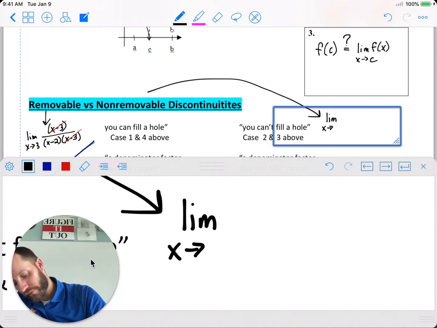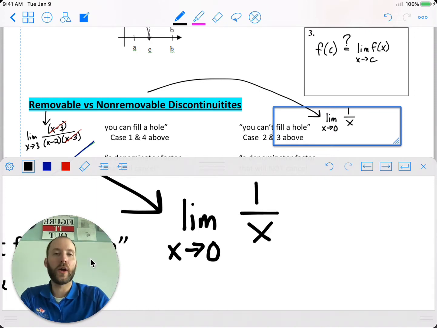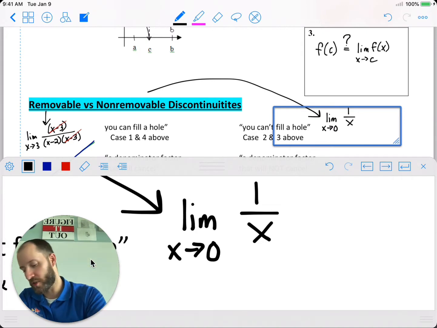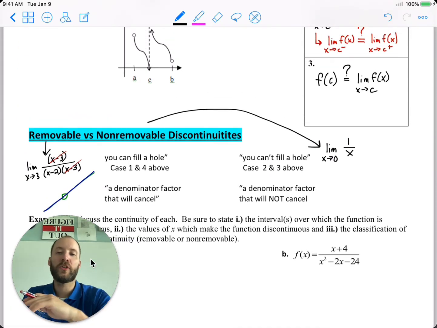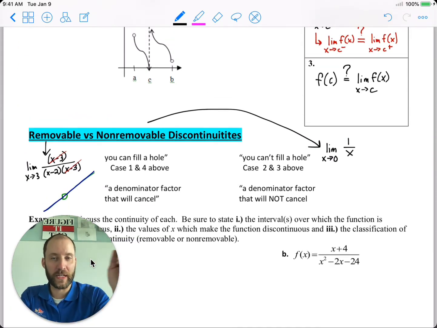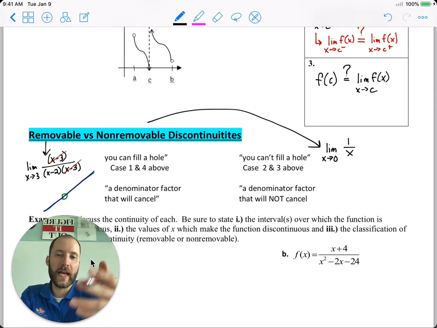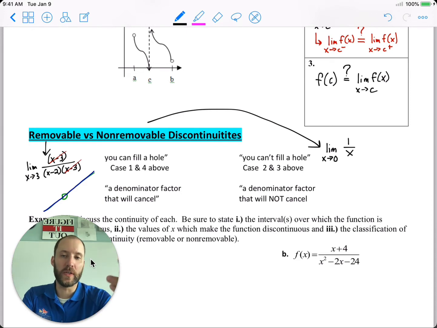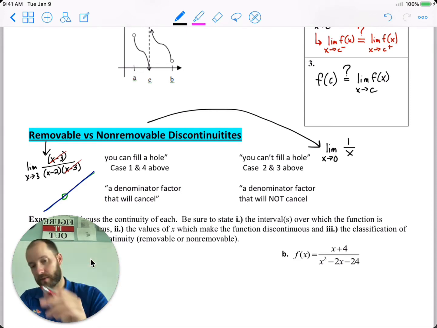So, looking at your parent rational function, 1 over x as x approaches 0, there's nothing to factor out or cancel, and as a result, it's a non-removable discontinuity, the hole you can't fill.